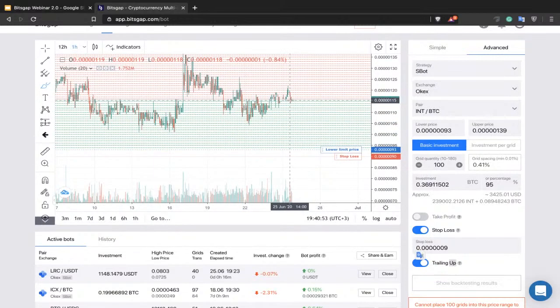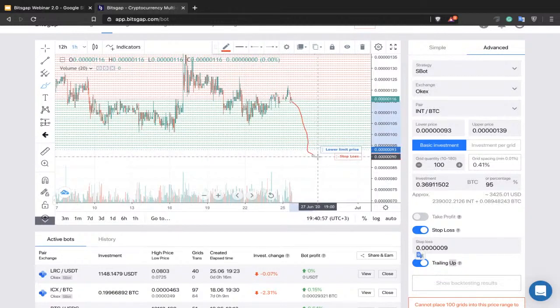All right, so that's the basic risk management feature to protect you from a falling market. Imagine the market has dropped down to that point. Now your stop loss is executed and the bot is closed, but imagine that later the price moves even lower.